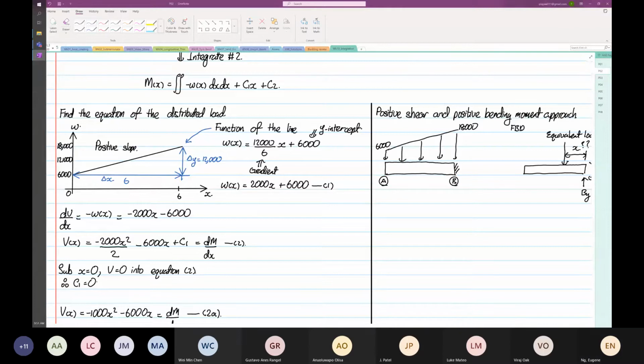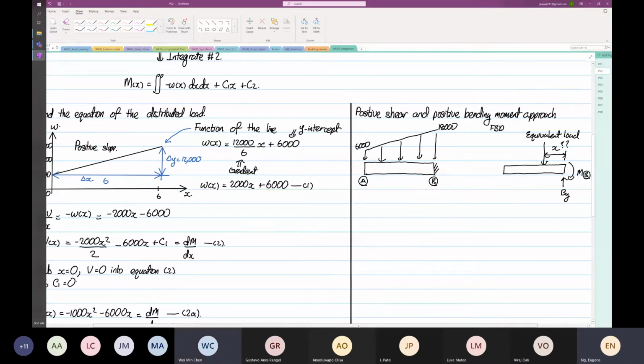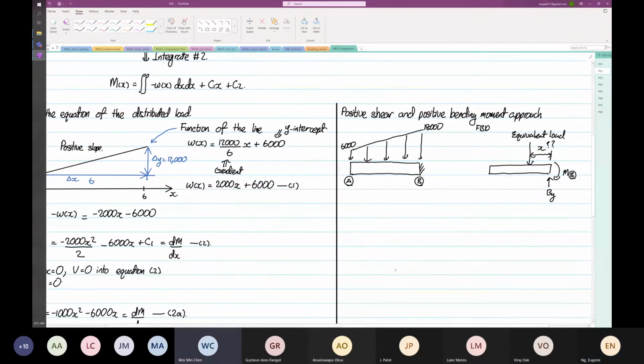Anyone? What is that distance? 2 over 3 multiplied by 6? So that distance you assume is 1/3, yes or no? It's wrong. It's not 1/3 because this is not a triangle distributed load.